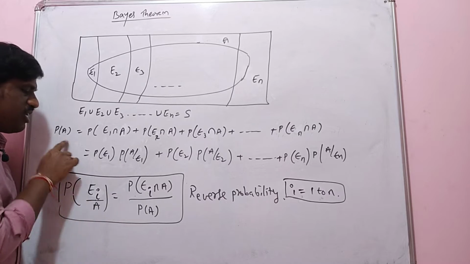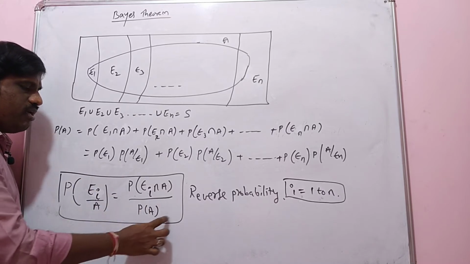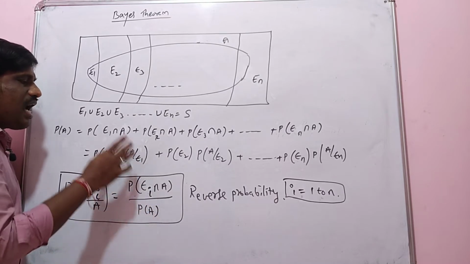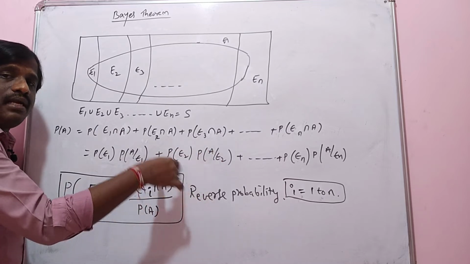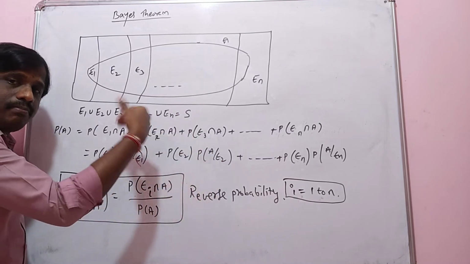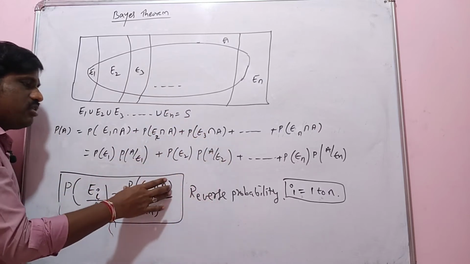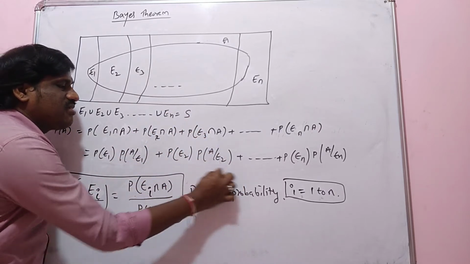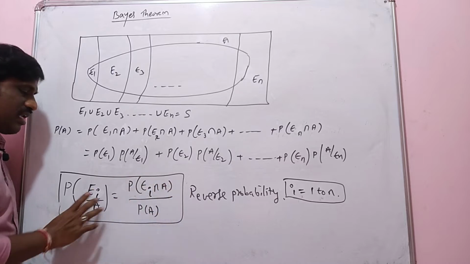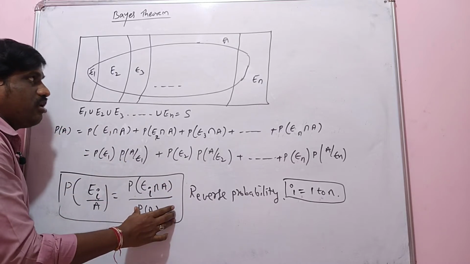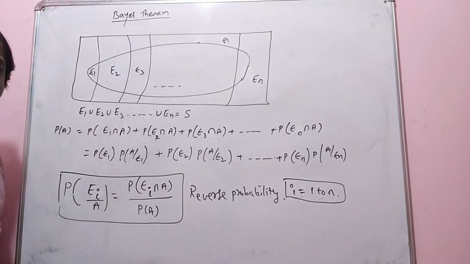The total probability of A is the denominator, and the event happened by car, or by bus, or because of person B, that specific one will be in the numerator, and the rest, the total probability, will be in the denominator. That is what we call Bayes theorem.